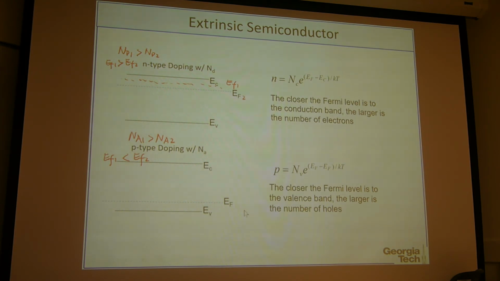More holes means the EF is closer to the EV, the valence band. So if you draw that, if this is your EF2, then your EF1 will be somewhere here.